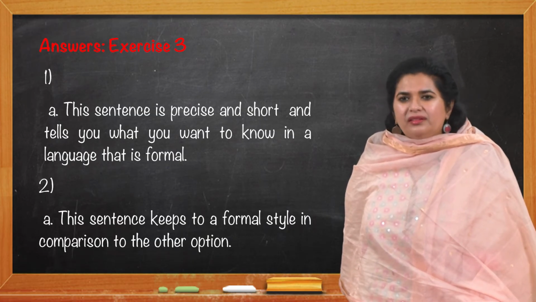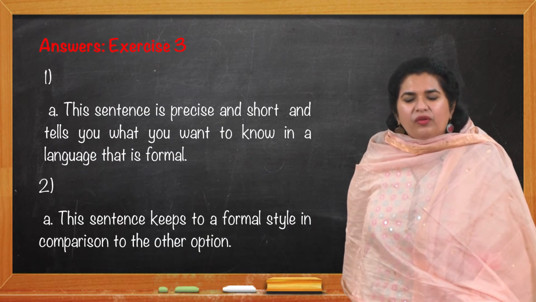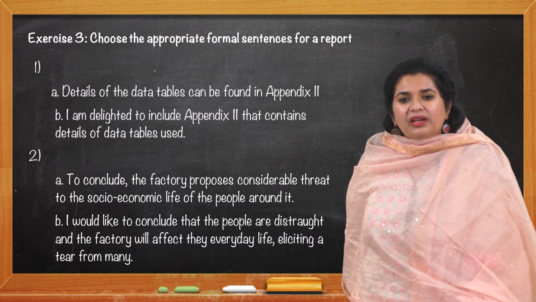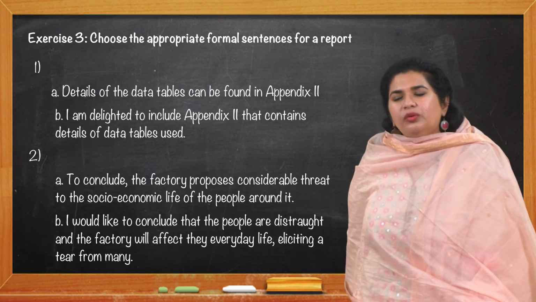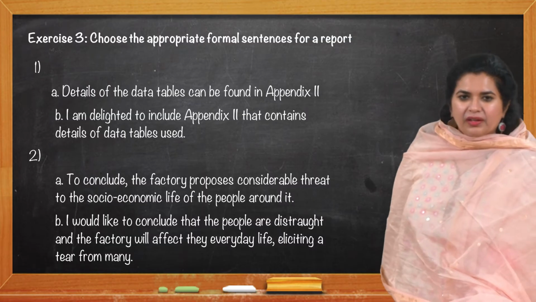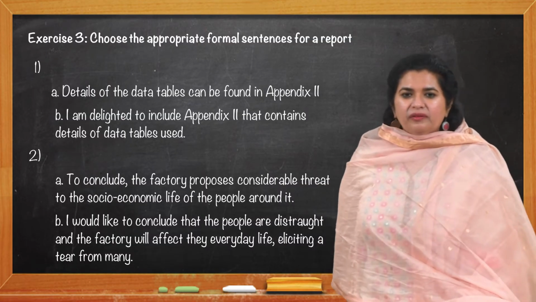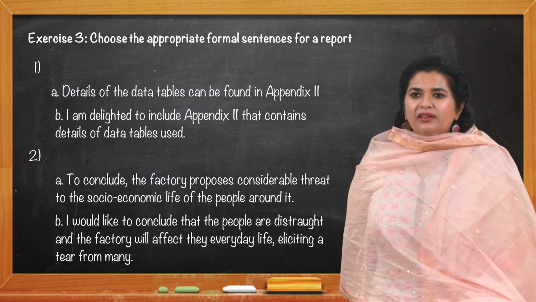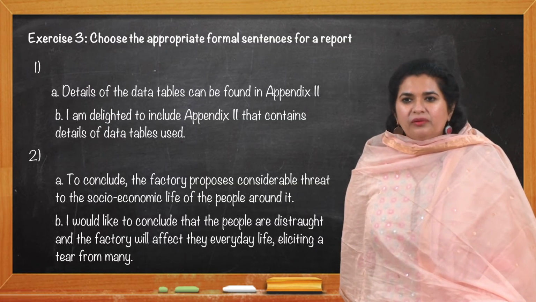No, we do not want these things. What is enough? Let us go back to the previous one. The factory poses considerable threat to the socio-economic life of the people around it. This is more than enough. People are distraught, factory will affect their everyday life, eliciting a tear from many. This is not what we are looking for.